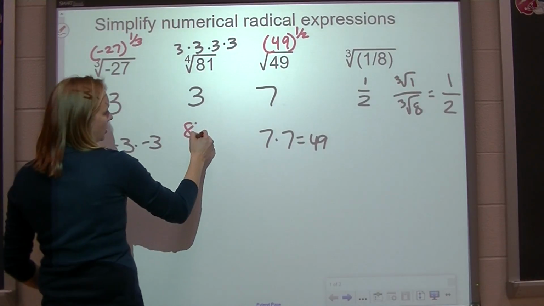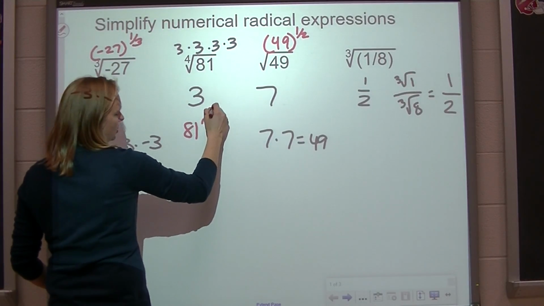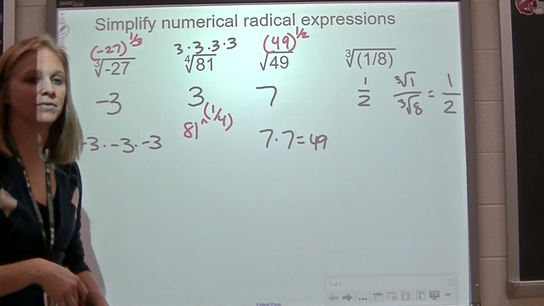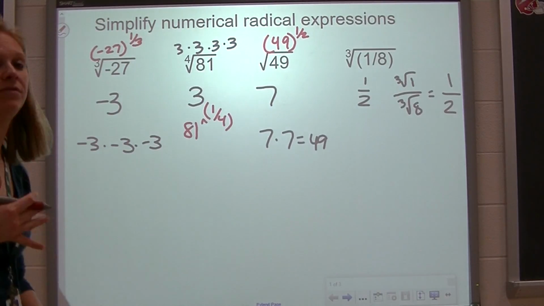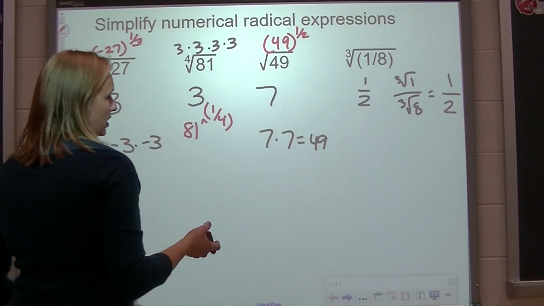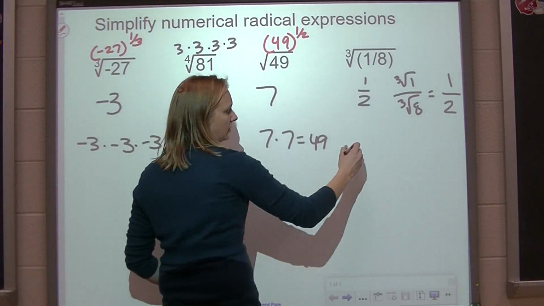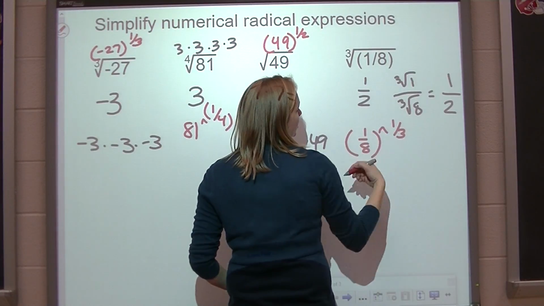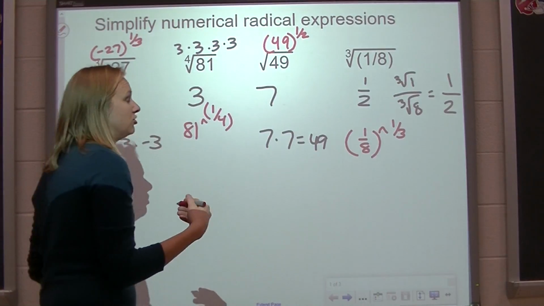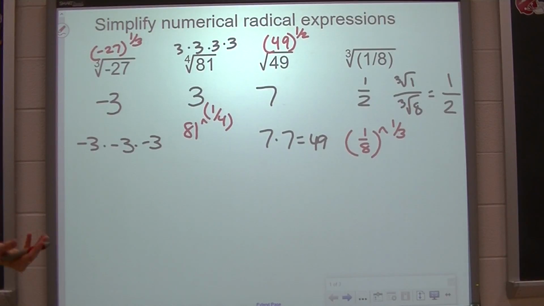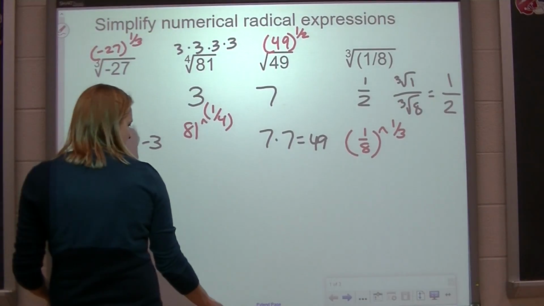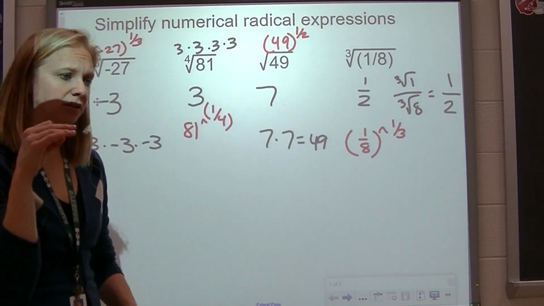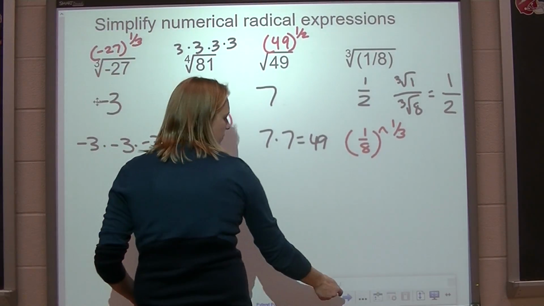Or 81 to the 1/4, again you'll get +3. 49 to the 1/2, you'll get 7. And 1/8 to the 1/3, they should give you 1/2, so 0.5 again. So these are pretty straightforward, pretty basic. It's just a matter of typing in your calculator and writing the answer that you get.